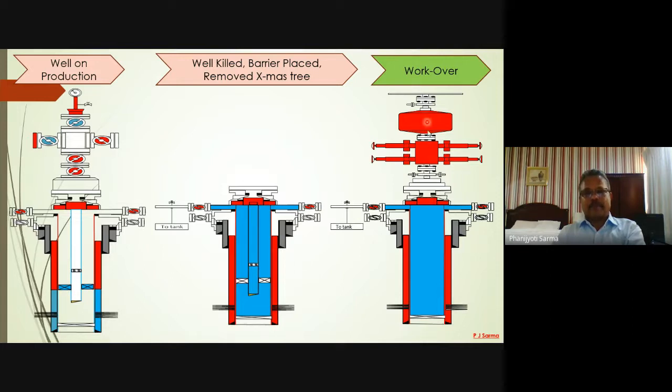So this blowout preventer is installed, and once its integrity is ensured, then this primary barrier, the mechanical barrier, is removed, and then we can remove the tubing and all the packers and do the workover operation. So this is, in a nutshell, the barrier concept in a workover well.